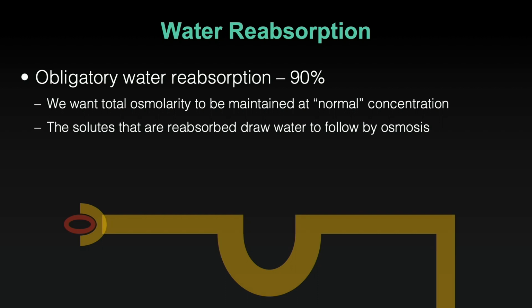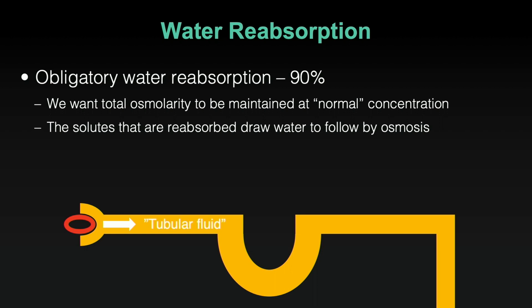In the kidneys, here's my rudimentary nephron. As fluid comes in, it's called tubular fluid at this point. The obligatory water reabsorption that just happens automatically due to normal movement and pumping of ions largely occurs in the proximal tubule and accounts for 90% of water movement.